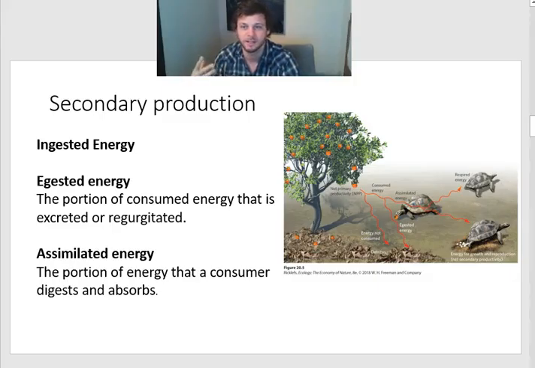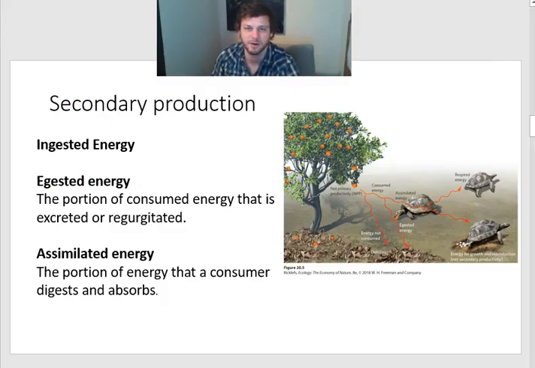And so for these studies, you could feed this thing an apple, and you would know that an apple that weighs 1 kilogram, that's a really big apple, has X amount of energy. And then you can measure the poop. You'd say, okay, this thing pooped out this, and you can measure the energy in the poop.